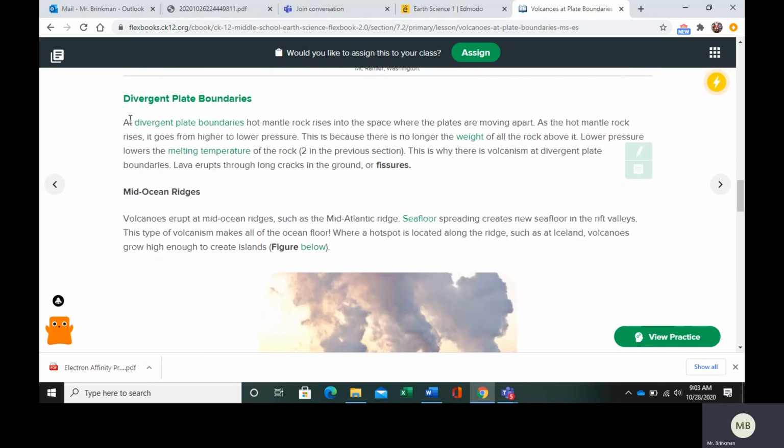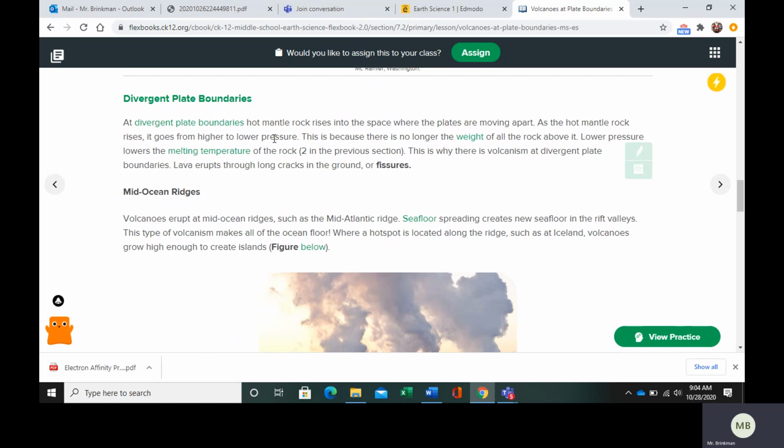Divergent plate boundaries. So at divergent plate boundaries, what happens is the plates are moving apart. So now the hot mantle rock is going to rise into the space where these plates are moving apart. As it rises, the pressure on it is going to decrease, because when it's in the mantle, it has more rocks above it, putting more pressure on it.